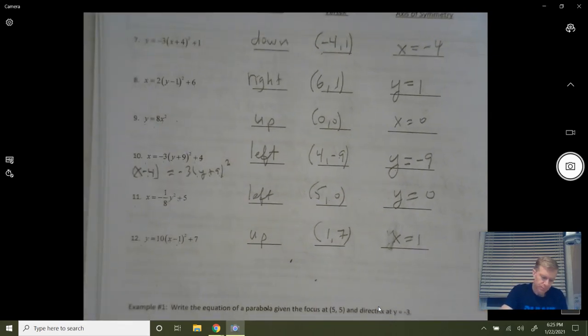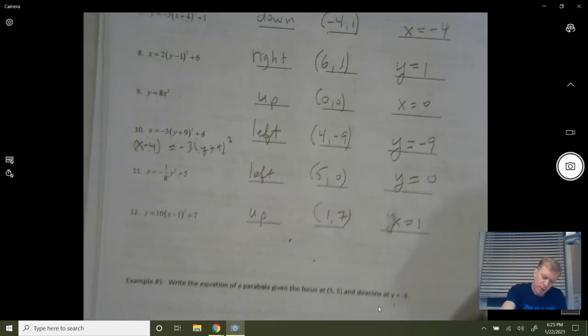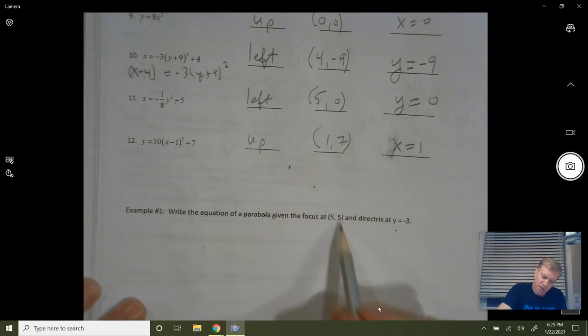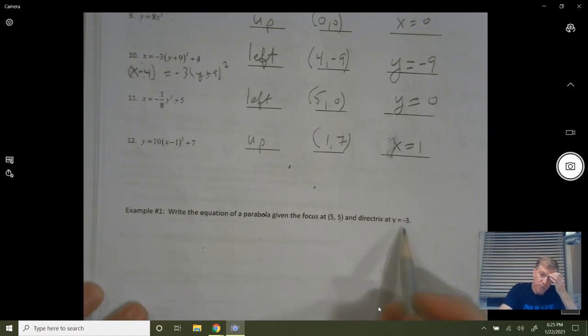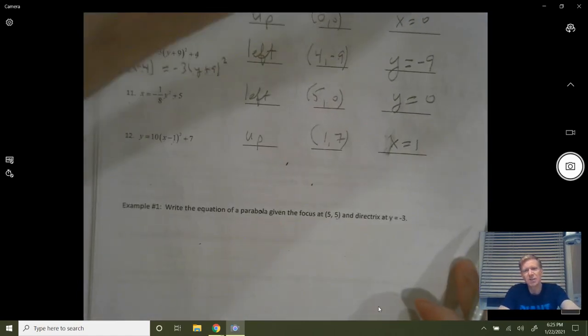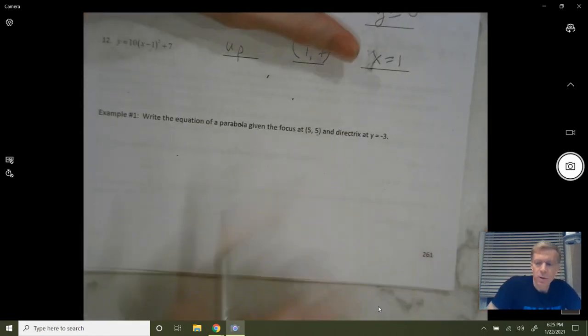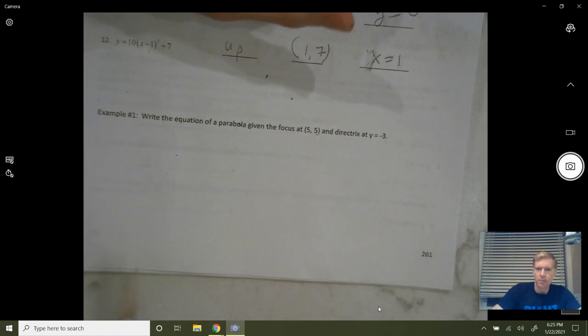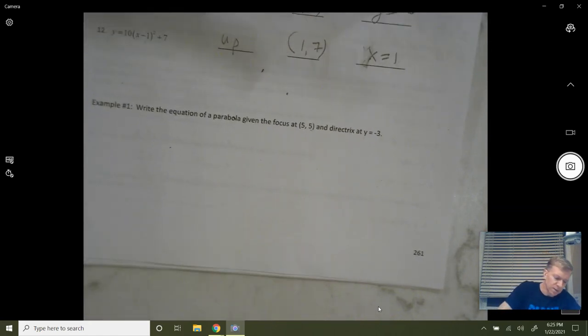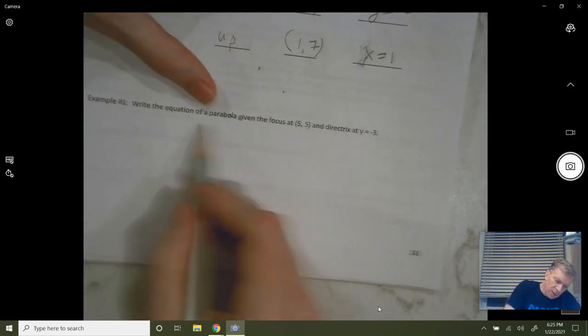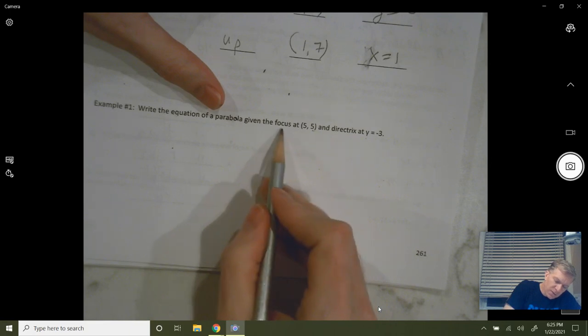Okay. Now write the equation of a parabola given the focus at 5, 5 and a directrix at y equals negative 3. The easiest way to do these is to graph them and kind of think it through. Remember your definition that we did on the other page. Remember what p means. Okay, equation of parabola, focus at 5, 5.